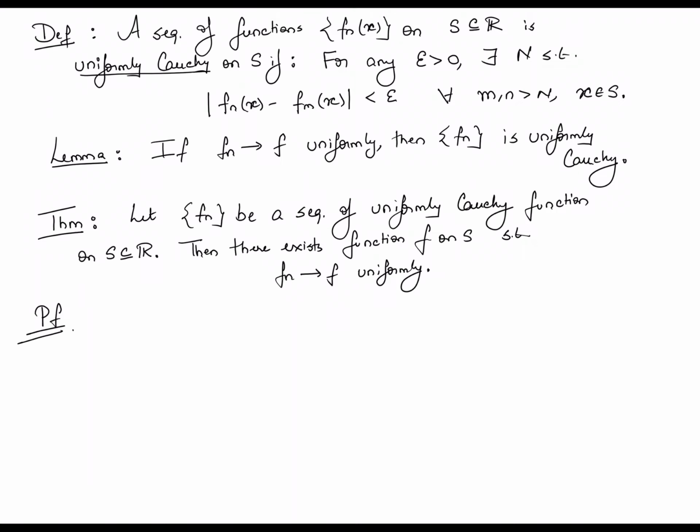Now, what we are given here is that the sequence fn is a sequence of uniformly Cauchy functions, right? So now for any x naught in S, check that in fact fn of x naught is a Cauchy sequence in R. Right? And since R is complete, we know that there exists a limit, right?